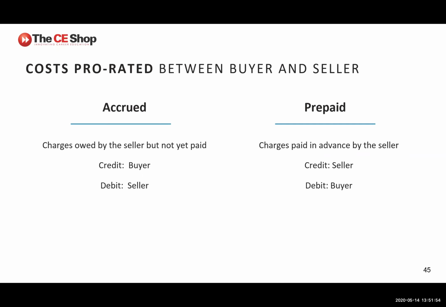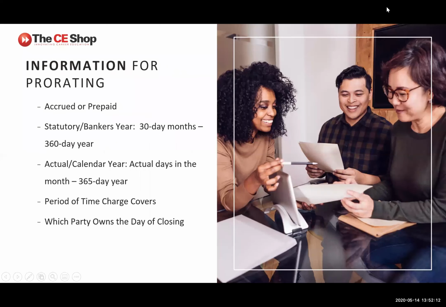So the seller gets some money back, because the first time the buyer will see a tax bill will be in January, and that'll be for the year coming up. So it's just a matter of knowing which direction you're going in. You're going to either be dealing with accrued or prepaid.